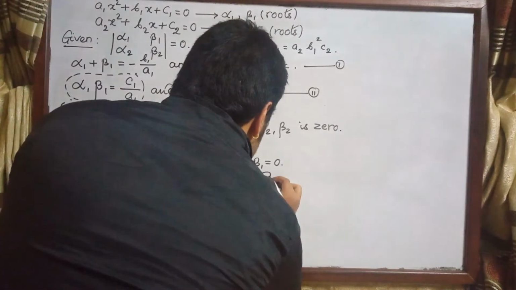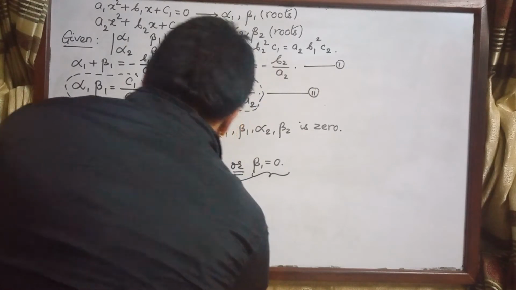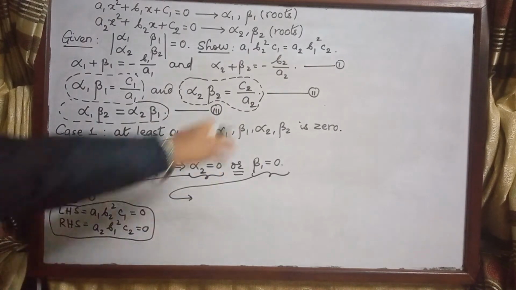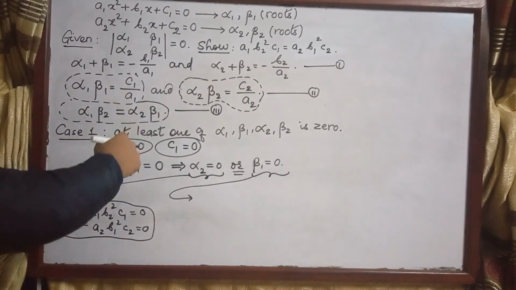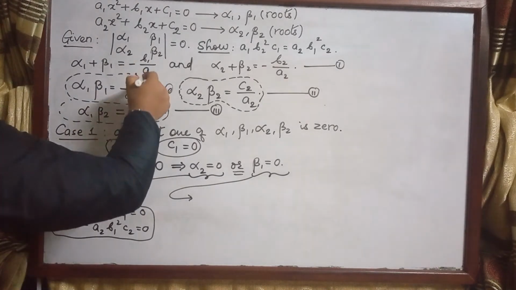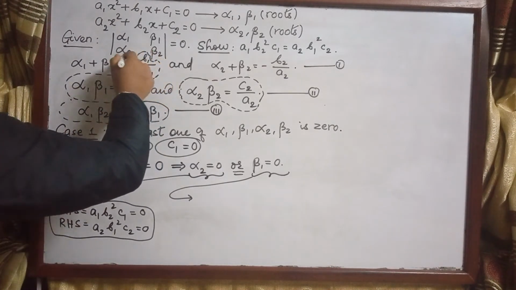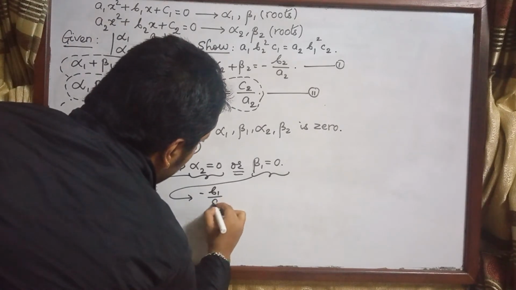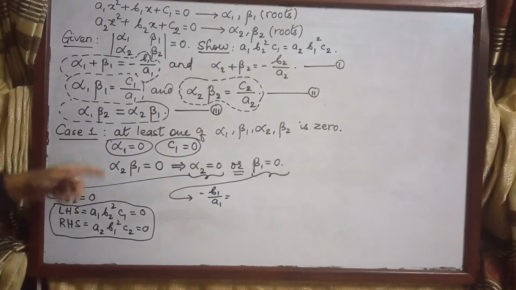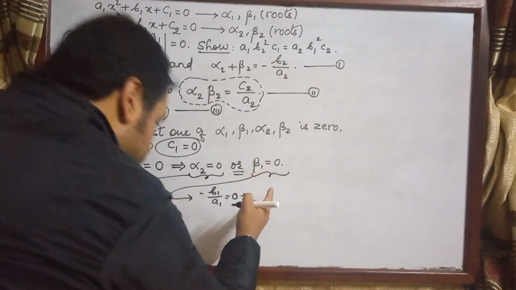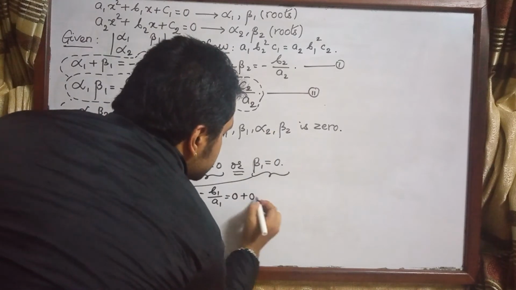Now for the second subcase, if beta 1 is equal to 0, we cannot use these equations because they do not involve beta 1. We've used this one and this one, so there's only one equation left, the first part of equation 1. According to it, minus b1 over a1 is equal to alpha 1, which we have already taken to be 0, plus beta 1, which in this subcase is again 0.